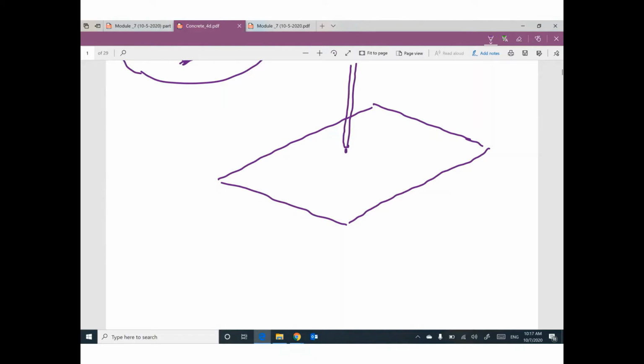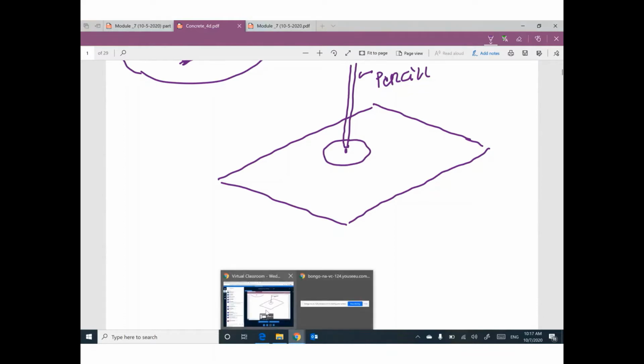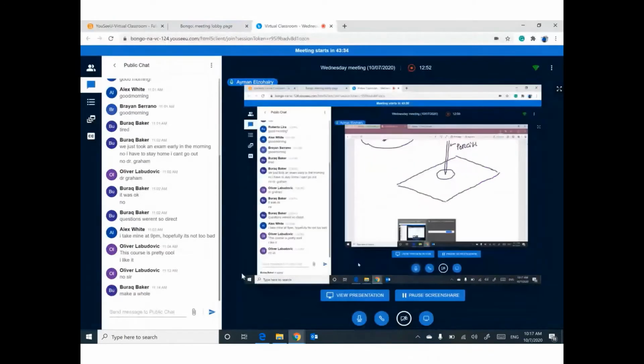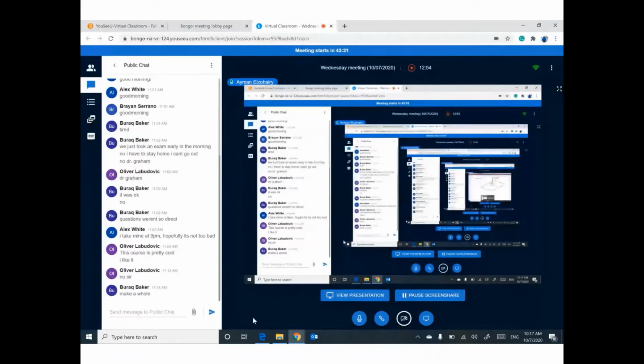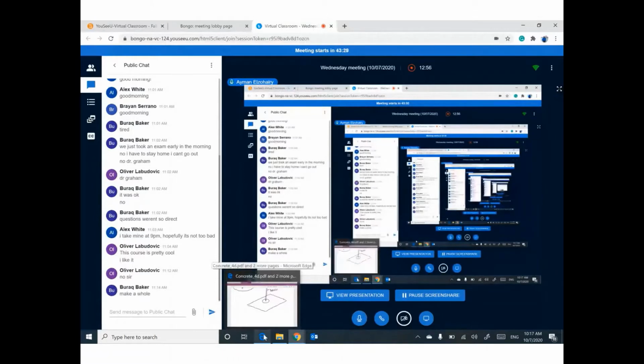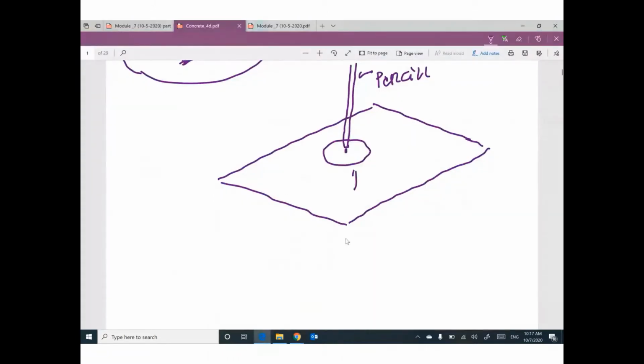If this pencil falls down on the paper, what will happen to the paper? Any answer? Make a hole. This hole or this phenomenon is called punch. The pencil will punch the paper.